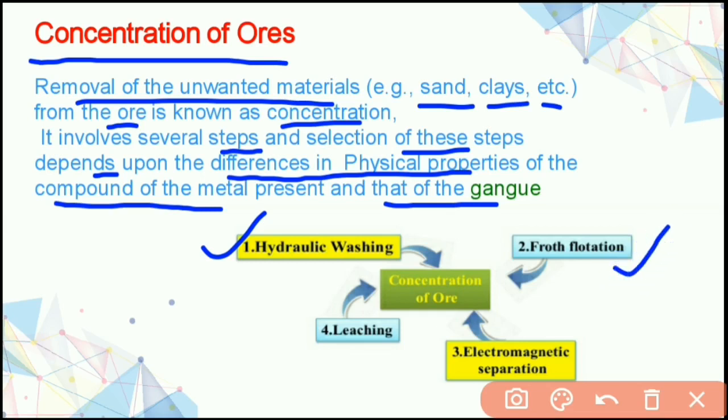It is basically used for the concentration of sulfide ore. Third is electromagnetic separation. It depends upon the magnetic property of the ore and impurities. Fourth is leaching, and it depends upon the dissolution of ore in suitable chemicals.